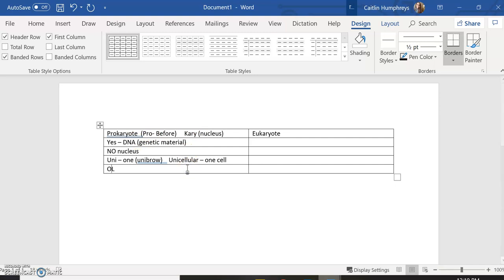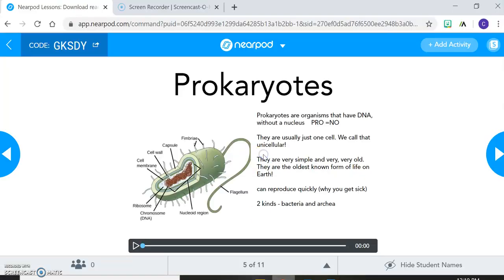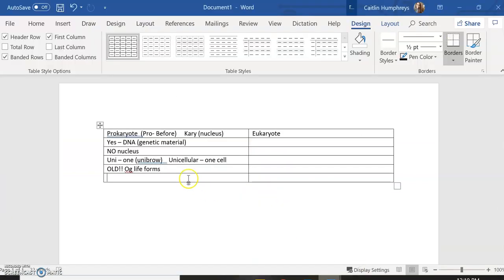What that means is these are old, so old, kind of like OG life forms. These are the very beginning of our life. Eukaryotes and multicelled organisms evolved from prokaryotes. They are the oldest known life form on Earth. They are OG life. There are two kinds, bacteria and archaea. So we're going to add that onto our chart, bacteria and archaea.